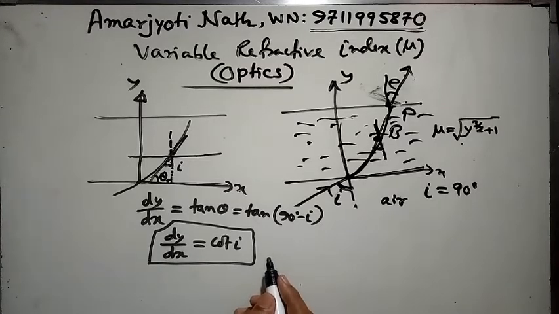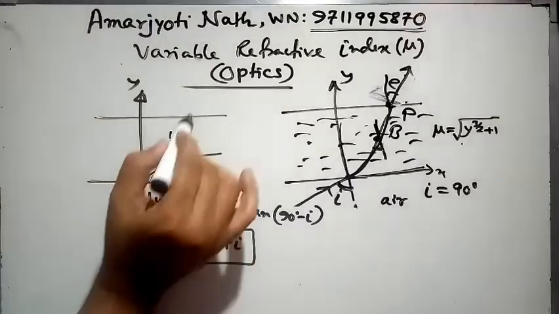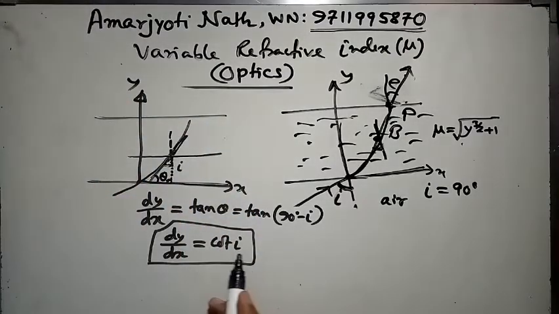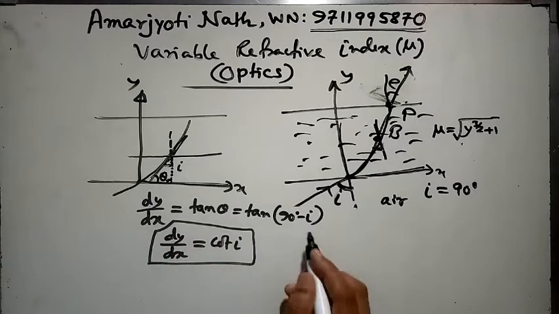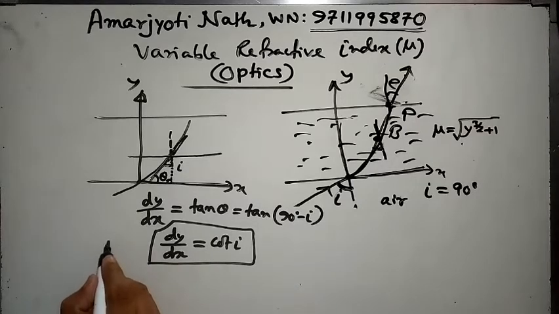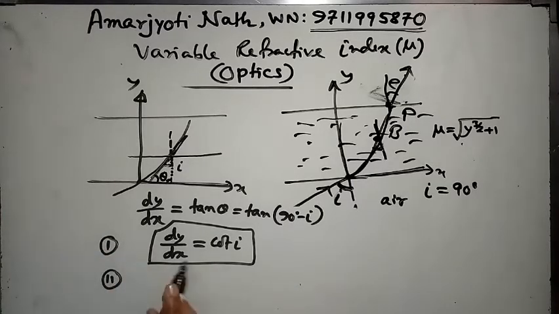Now for the second part, I need to write the equation of the trajectory of the ray inside the medium. The first part is done, so for the second part we can start from here, because now I can integrate dy by dx to get y and x also.